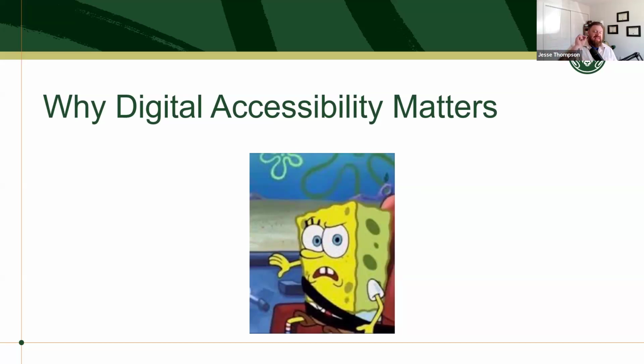So providing descriptions, for example, of what is on the screen, saying, and now we're looking at a meme from SpongeBob SquarePants where he is looking confused and a little bit surprised at the audience, helps provide context and audio information about what is on the screen.